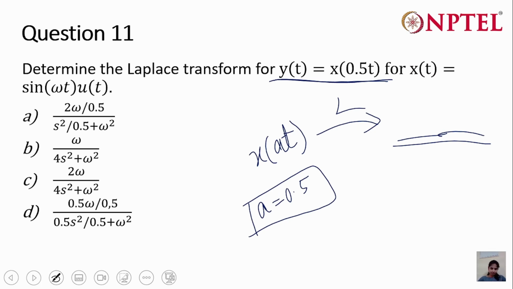So x of at means it is 1 by mod of a, x of s by a.